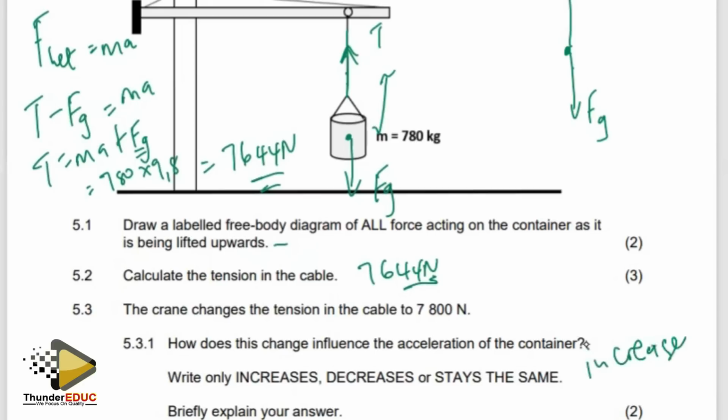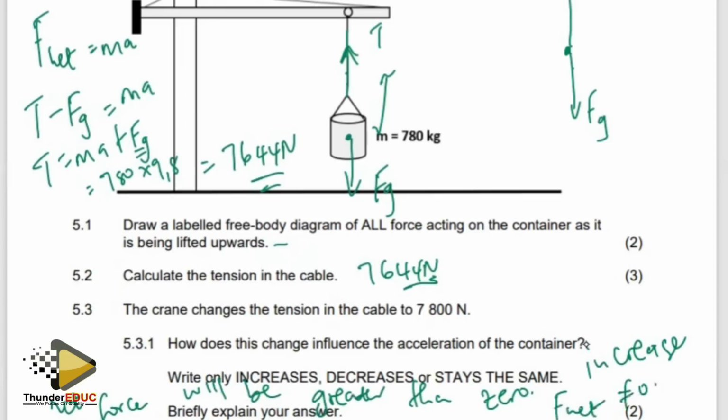And what is the brief explanation? It's going to be the net force. Net force will be greater than 0. In other words, our F net is not going to be 0. As long as it's not 0, the acceleration has to increase.